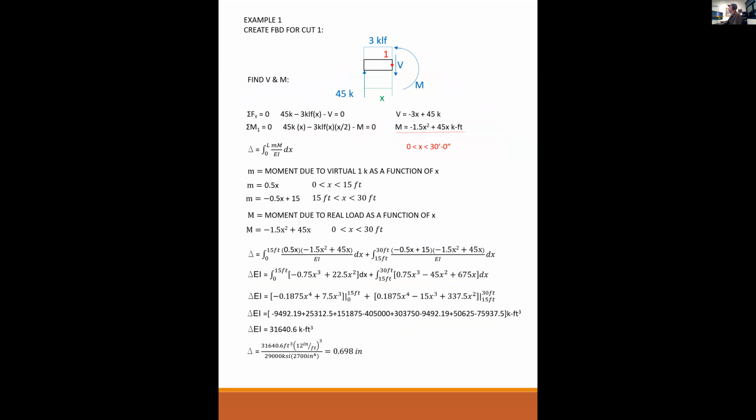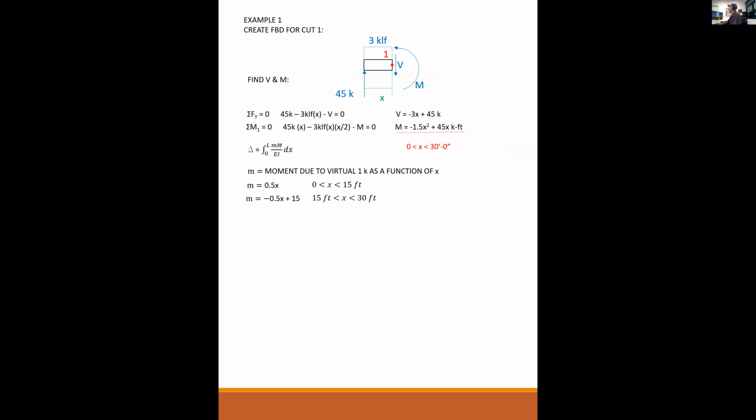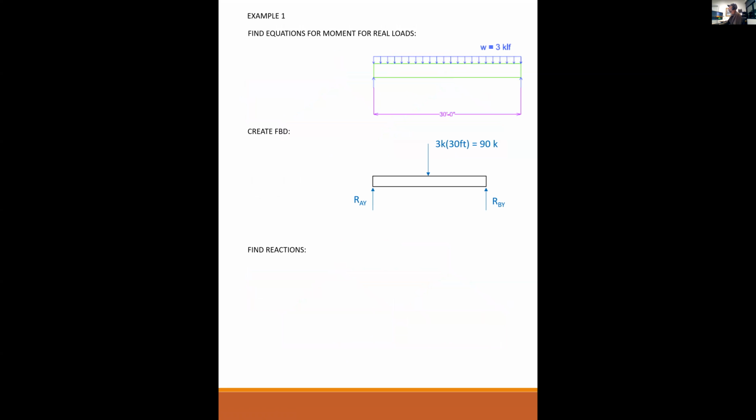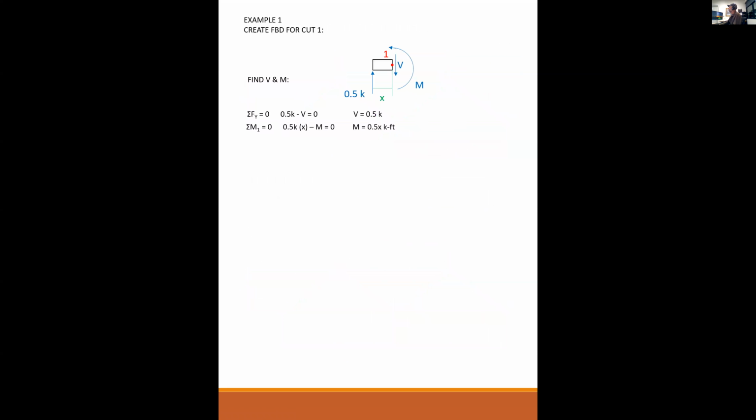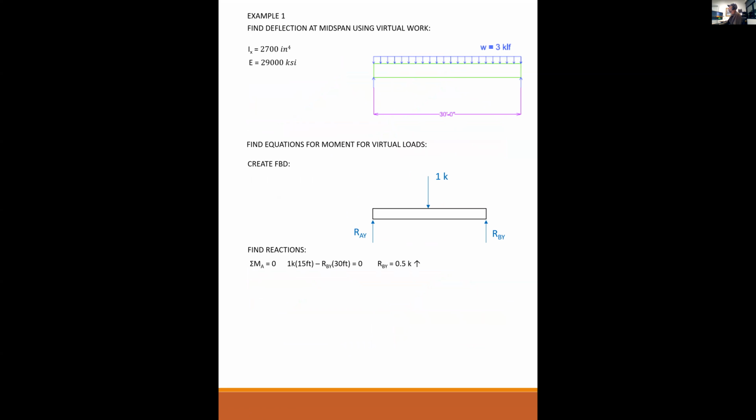If I go back to the beam problem that we did last time, the problem stated I want the deflection at midspan, so I put the 1 kip virtual load at midspan. But we could just as easily find the deflection anywhere on the beam simply by putting the 1 kip virtual load wherever we wanted.